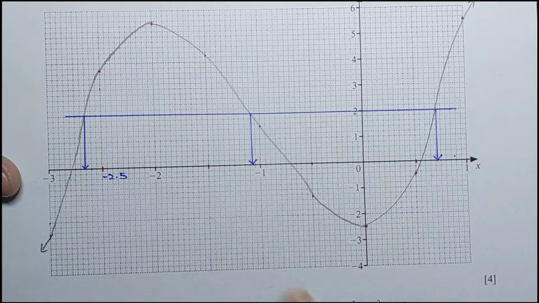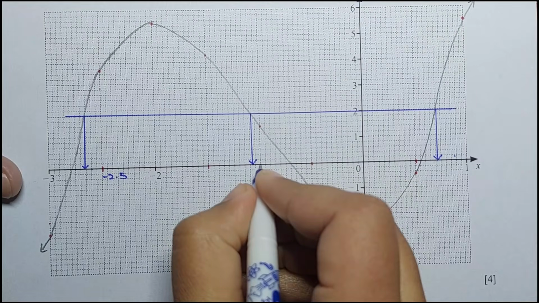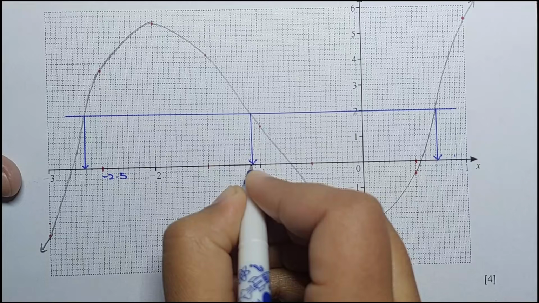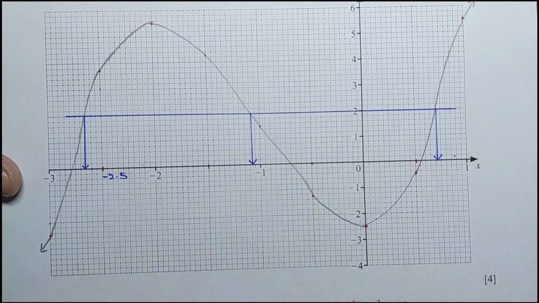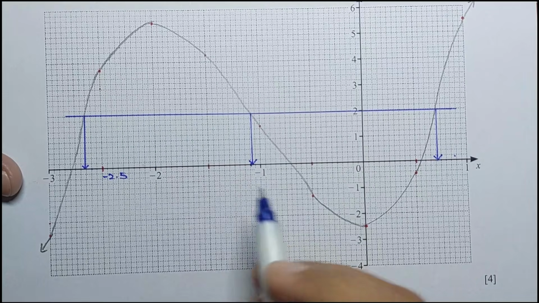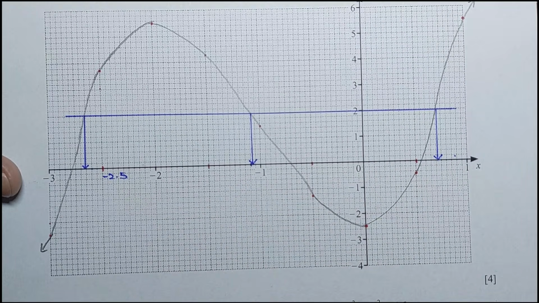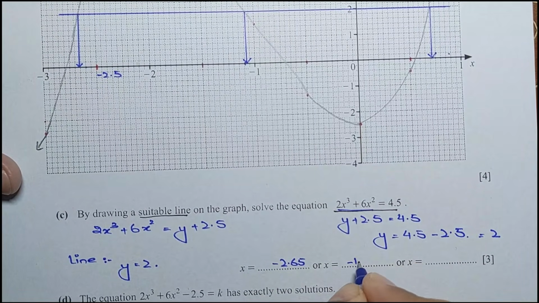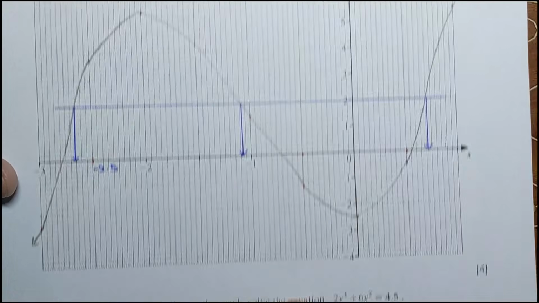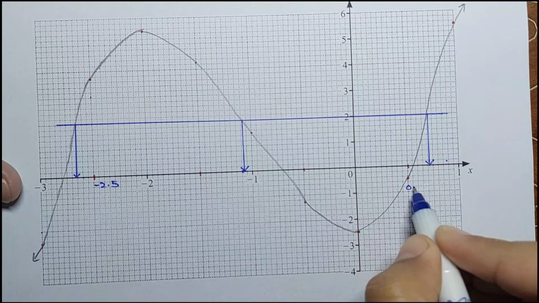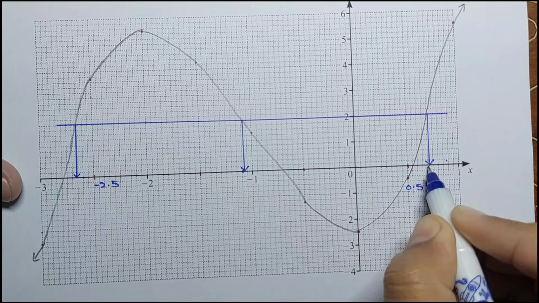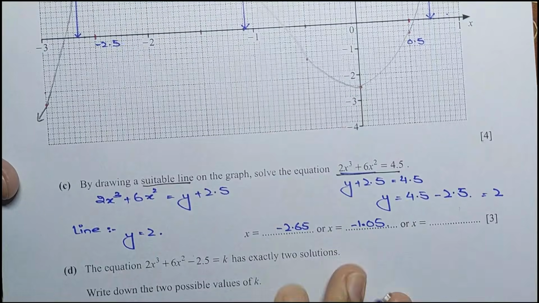The next solution is negative 1.1 over here, right? This is negative 1.1, but it is before, so negative 1.05 is better. The next is 0.5, and this becomes 0.6, 0.7, 0.75.